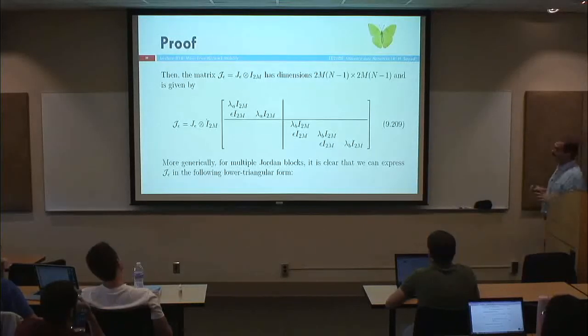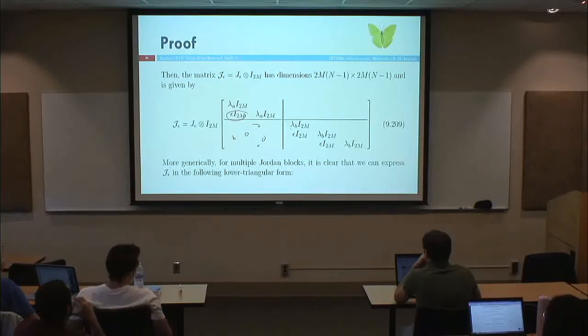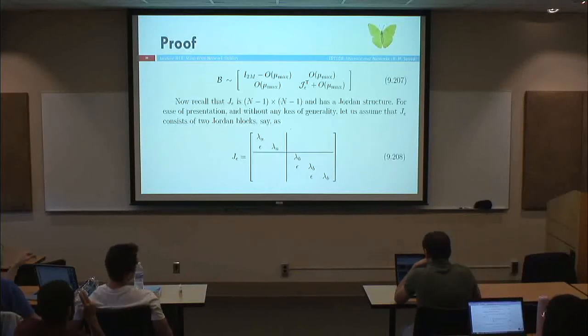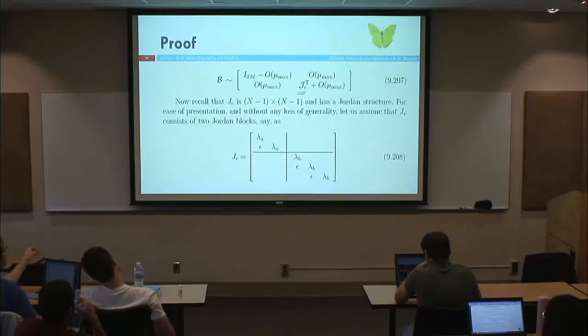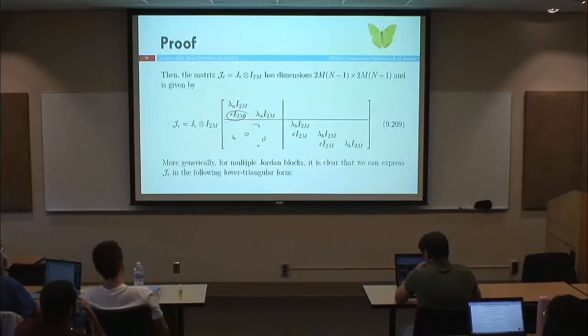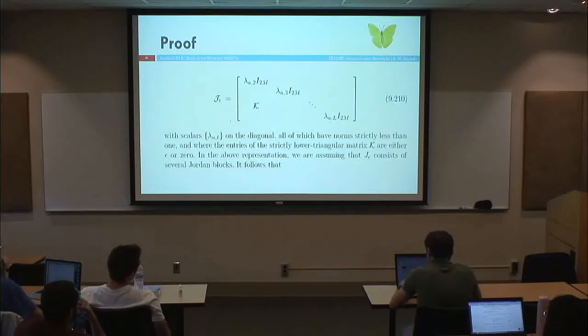There it is. Now, you have epsilons, so most of the entries are zeros and some entries are epsilon. And on the diagonal you have lambdas. But here it is the transpose that appears. So if you take the transpose of this, you just flip it, right? So this is the J.